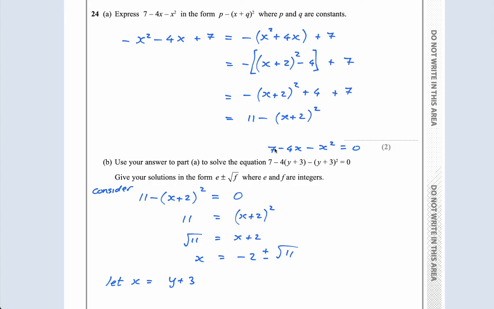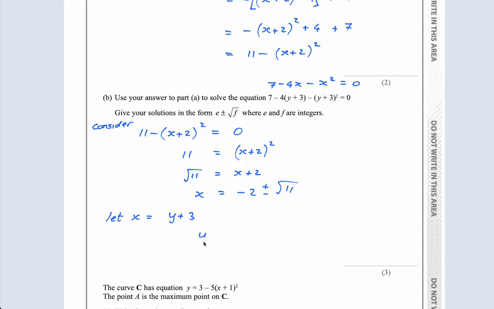So why don't we solve this first, and then I can just solve for y, because y plus 3 now is equal to minus 2 plus or minus root 11, which means y is equal to minus 2 minus 3, which gives me minus 5 plus or minus root 11.